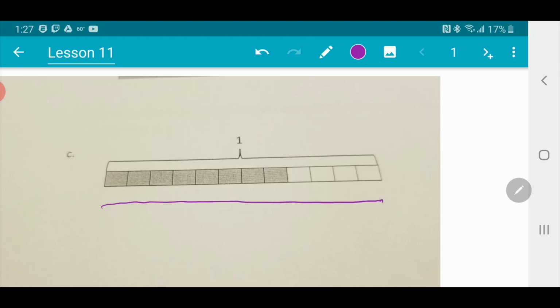So I'm going to draw a line the same length as the tape diagram above. Make my tick marks at the front and the back. Extend and make those arrows because we know it's a line. And then I'm just going to draw the tick marks in between that line up with the tick marks in the tape diagram.